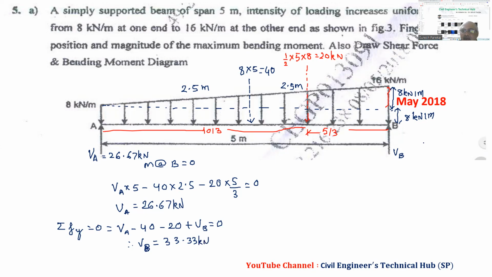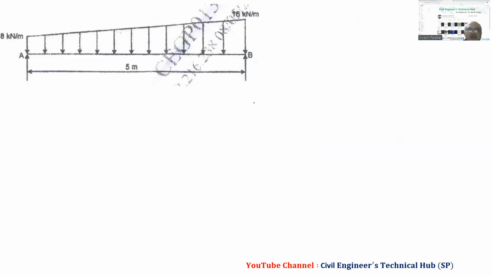So likewise we have to find reactions first, but practice it. You have to solve SFD and BMD, so you have to go very fast. So we have VA 26.67 kilonewton and VB 33.33 kilonewtons. And now we will start with shear force.